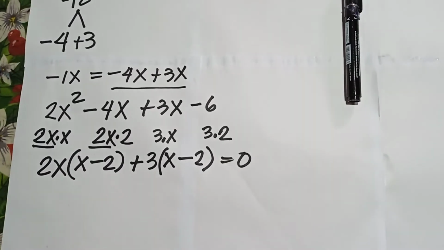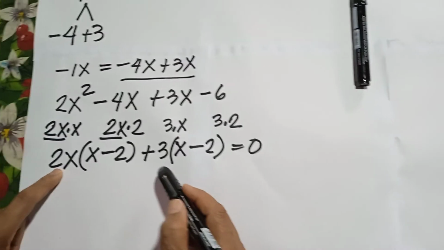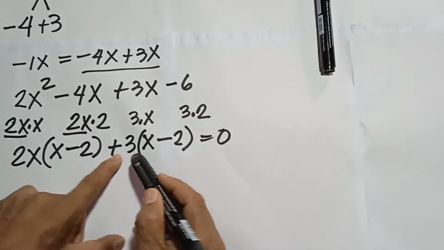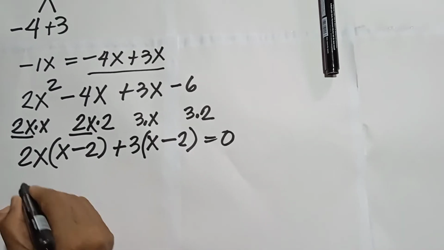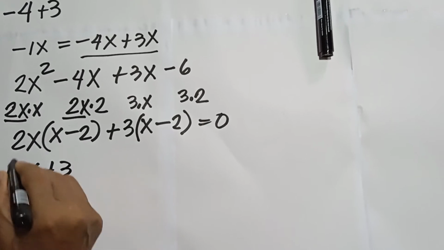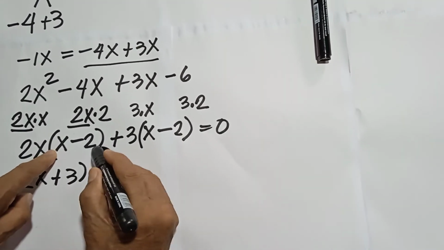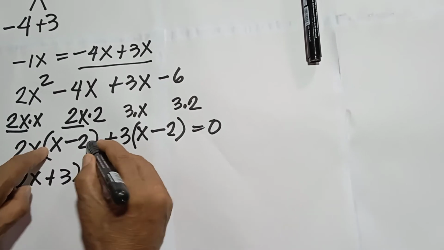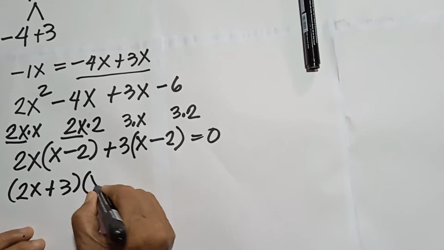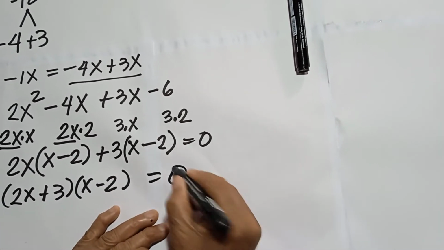After that, we pair the terms outside the parentheses. That is 2x plus 3 as one quantity, then we write down one of the similar quantities in the parentheses, x minus 2 equals 0.